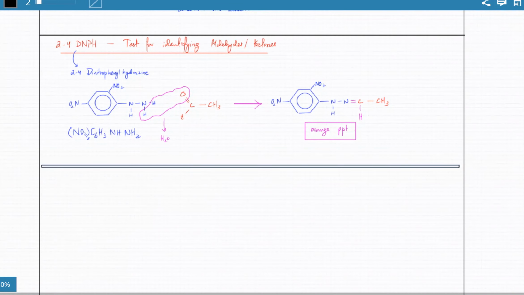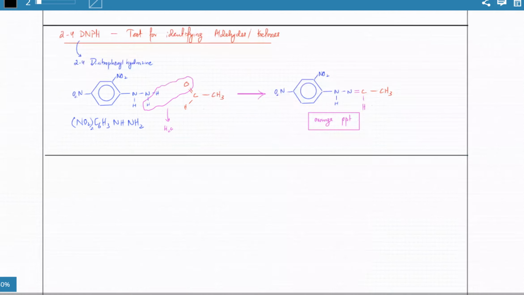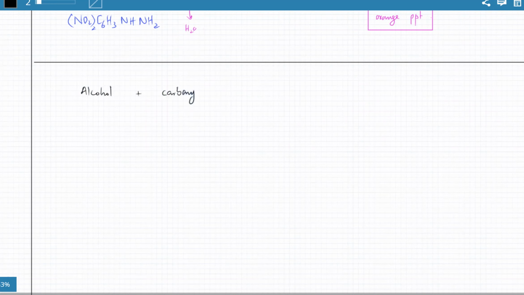that it requires an alcohol and a carboxylic acid to form an ester. You need an alcohol, that's one thing, and you also need a carboxylic acid to go along with it. Together, if you react them, it's going to be a reversible reaction.